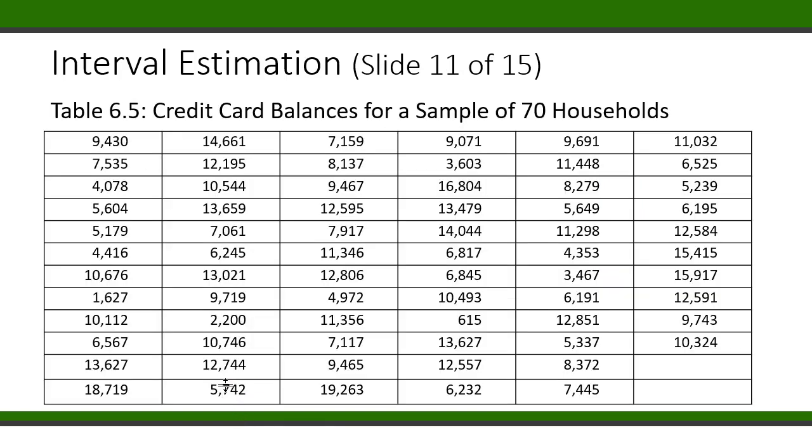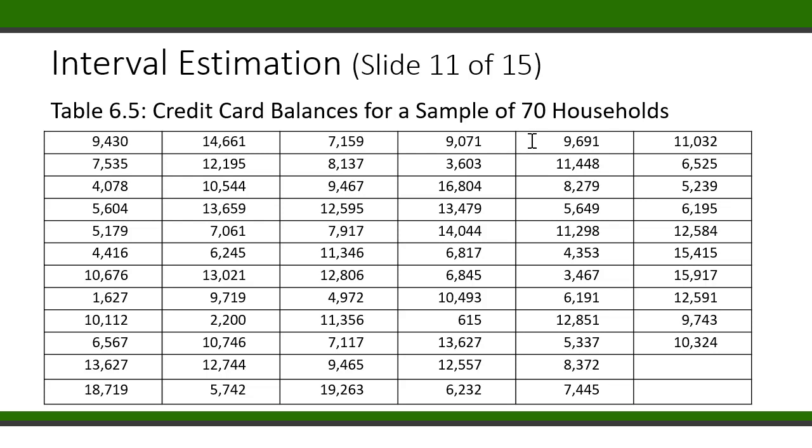So here's an example of some credit card balances for a sample of 70 households, and we'd like to construct an interval estimate for the population mean. So what we'd like to say is we sampled 70 households, and we'd like to be 95% confident that the mean of this sample is the same as the mean of the population of households.